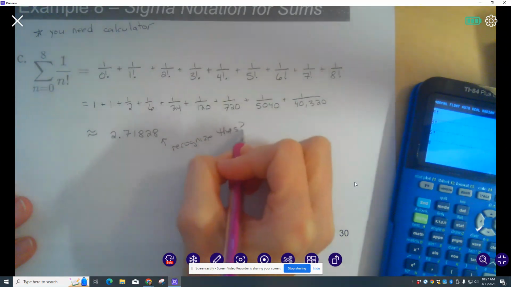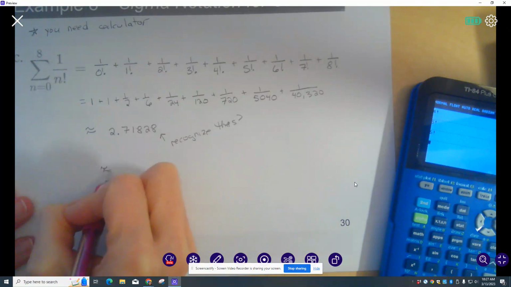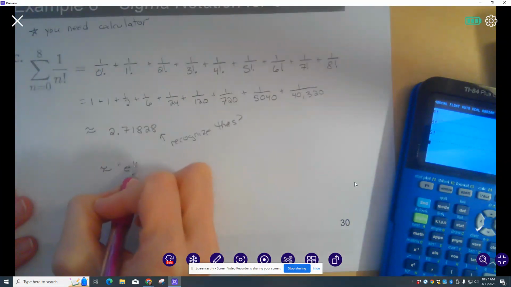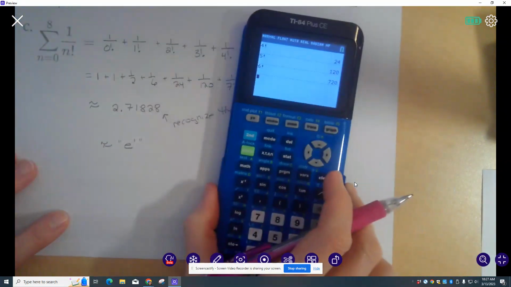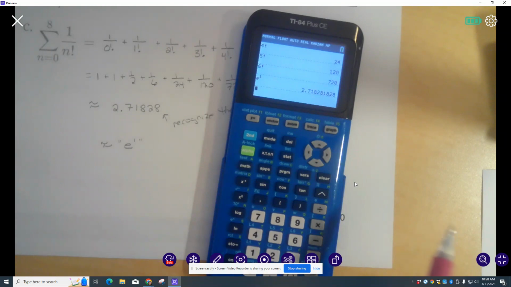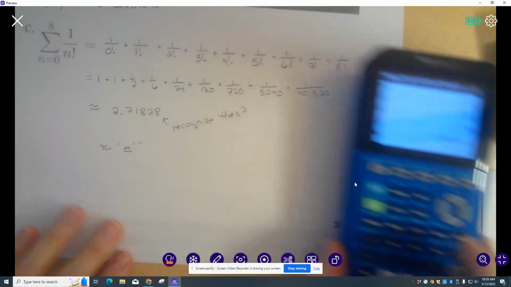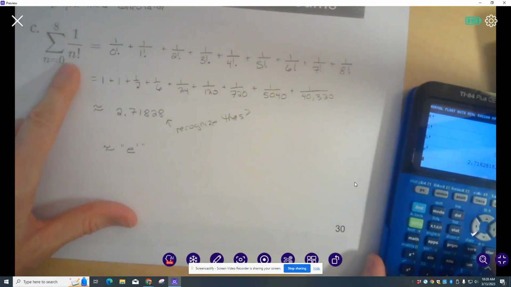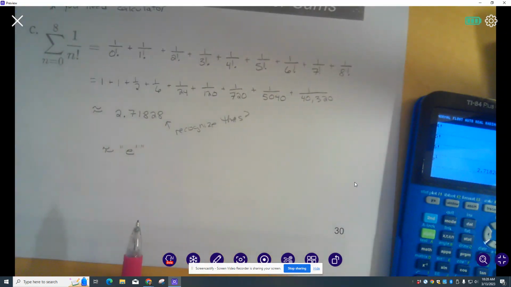This is e, or e to the 1. If I go to my calculator and do second natural log, e to the 1 is 2.718. So this is the series that generates the number e.